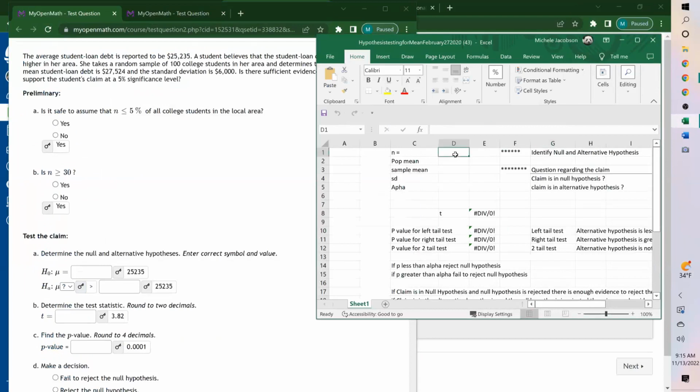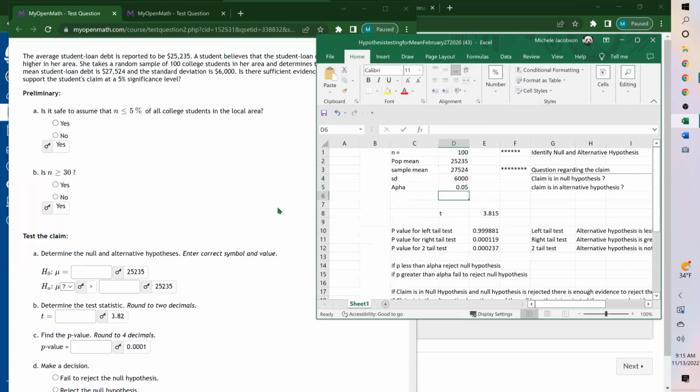So our sample size was 100. The population mean comes from your hypothesis, 25,235. The sample mean was 27,524 with a standard deviation of 6,000. Alpha 5%, 0.05. T-value 3.8. They wanted 2 decimal places, so 3.82.